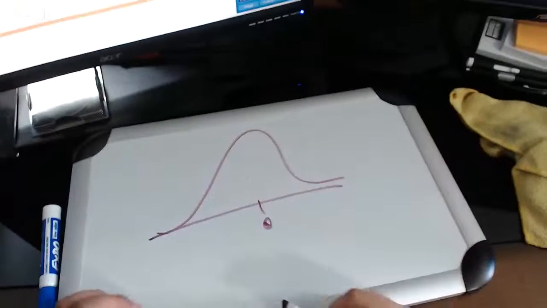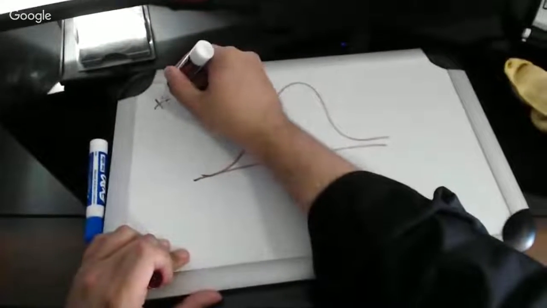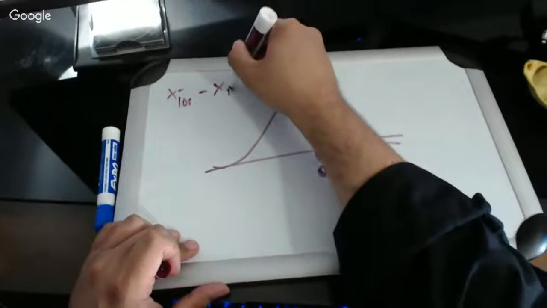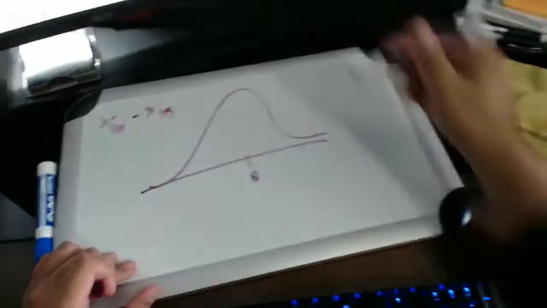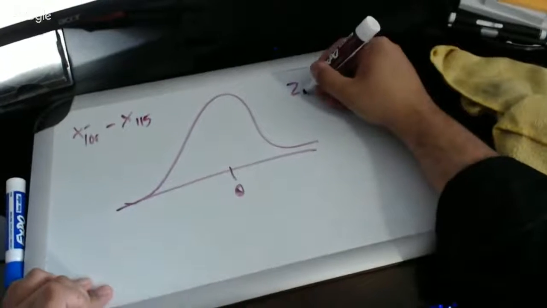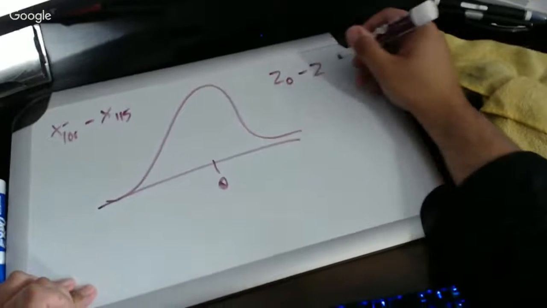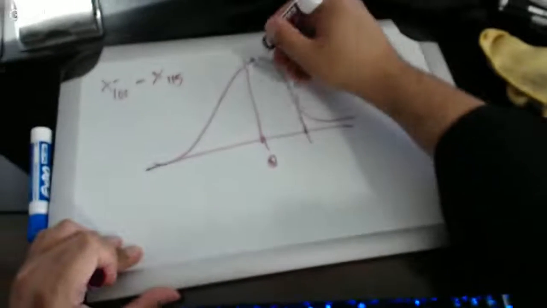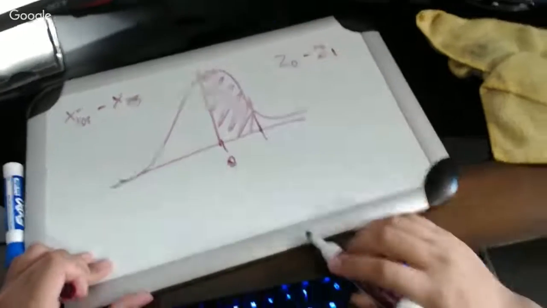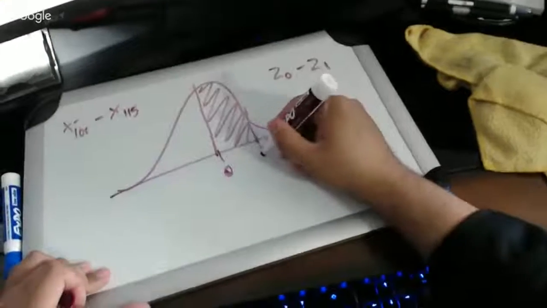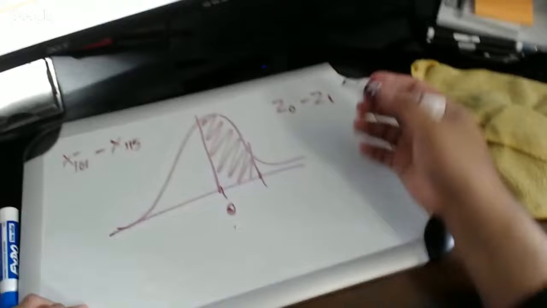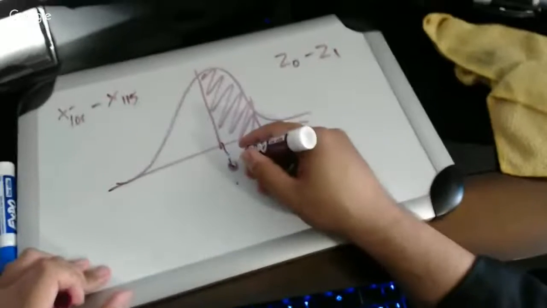So if I asked you from the x of 100 through the x of 115, that is the same as asking you z0 through z1. Okay. So then looking at this normal distribution, I'm just trying to find this area. Oh, okay. So I can use a table to say, okay, from 0 to whatever the number is. Like in this case, it's easy because it's 1. So from 0 to 1, what's the probability?